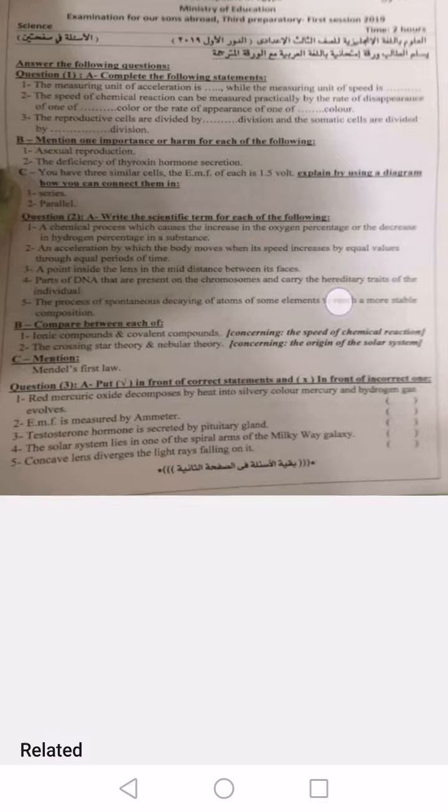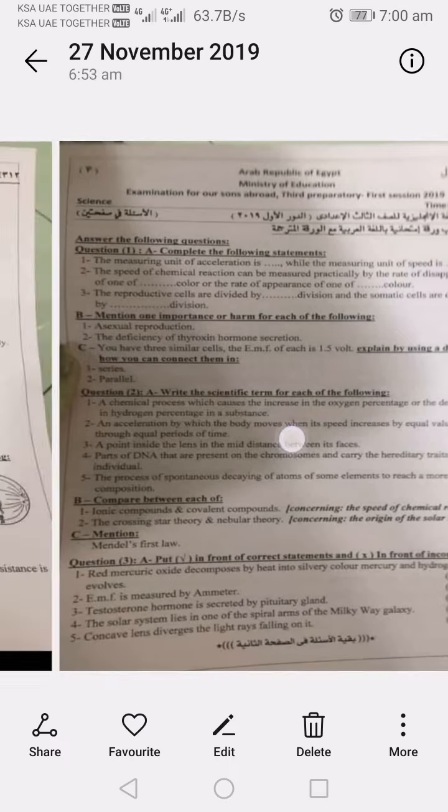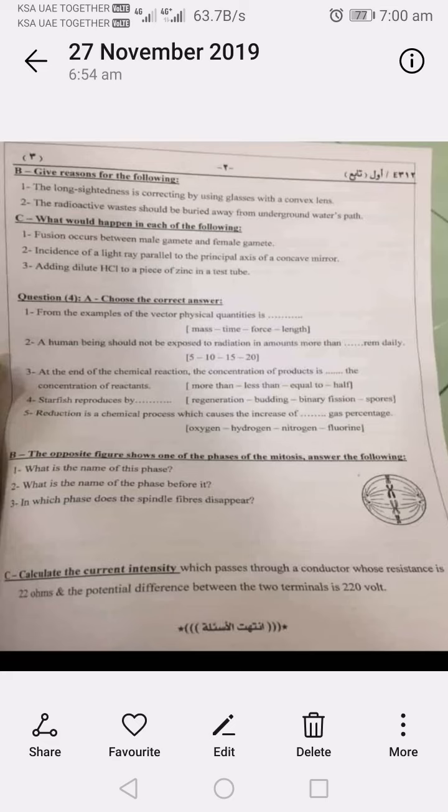The solar system lies in one of the spiral arms of the Milky Way galaxy. Correct. Concave lens diverges the light rays falling on it. Correct, concave lens diverges the light rays. Give reason for each of the following.